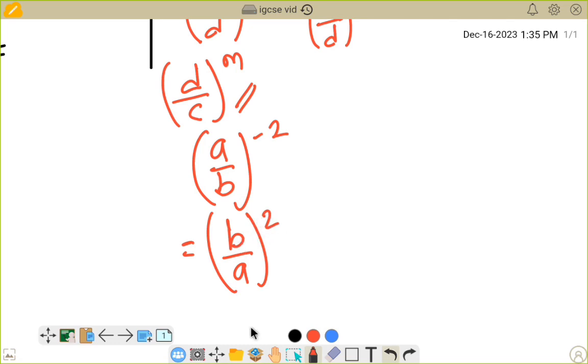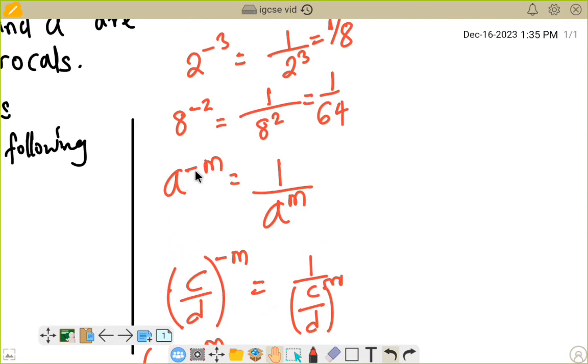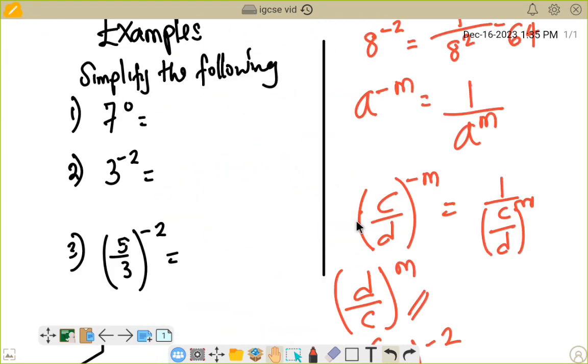Don't include the negative sign anymore, because flipping this will remove the negative sign, just like we did here. If you flip 8 to the power minus 2, when I wrote 1 over, this 8 is 8 over 1, but since I'm flipping it, that will be 1 over 8. Then you have the 2 without the negative sign. So if you have c over d, you flip it, that will be d over c, then raised to the power m. So that's how you use the negative index law.